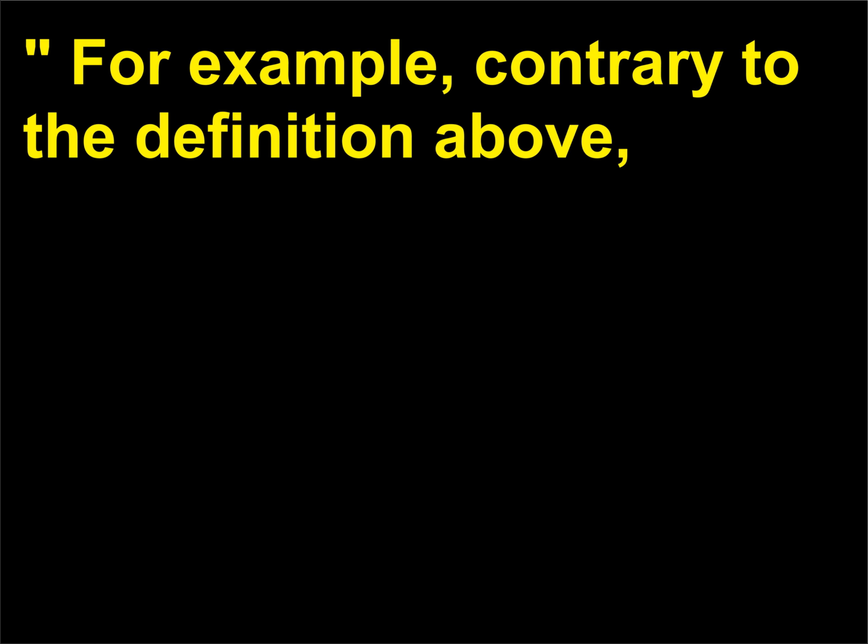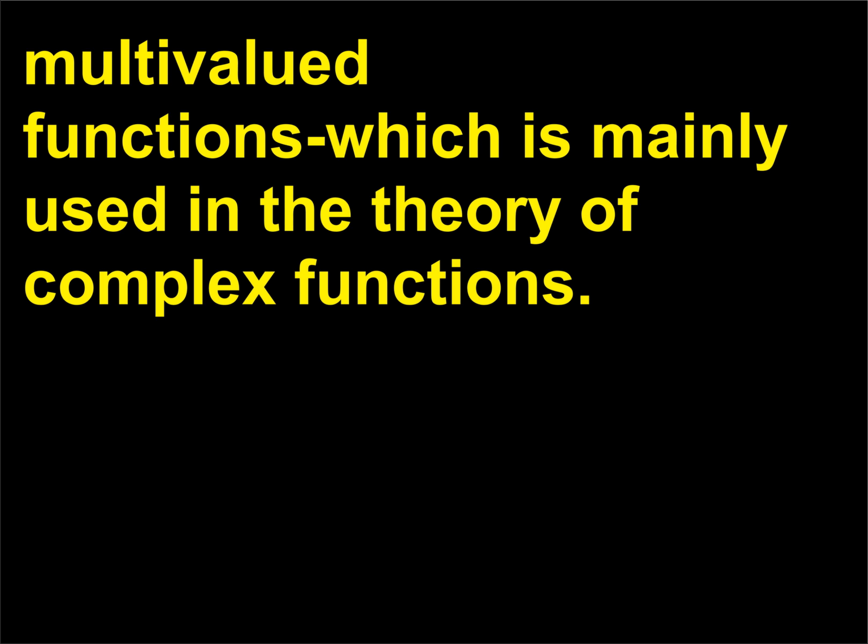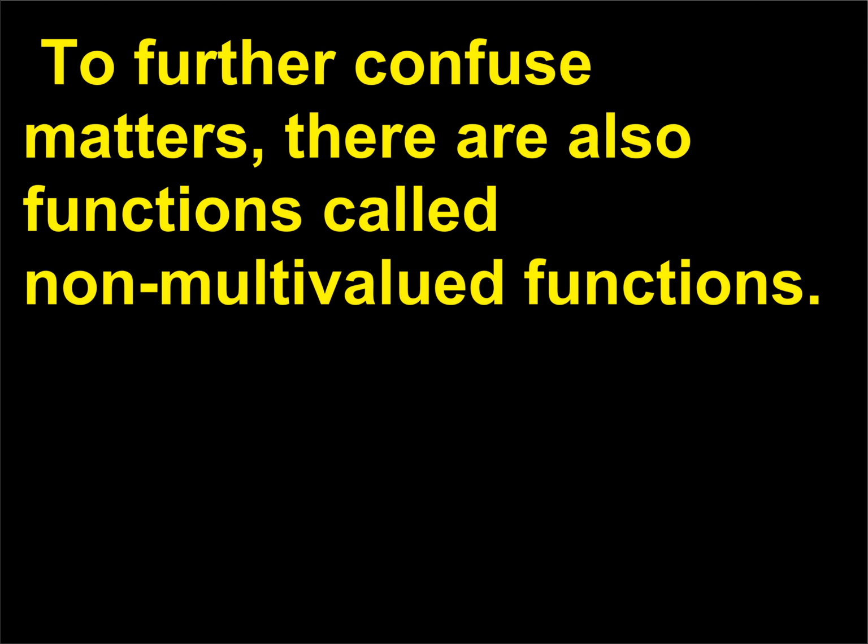For example, contrary to the definition above, function can also mean the relationships that map single points in the domain to multiple points in the range, called multivalued functions, which is mainly used in the theory of complex functions. To further confuse matters, there are also functions called non-multivalued functions.